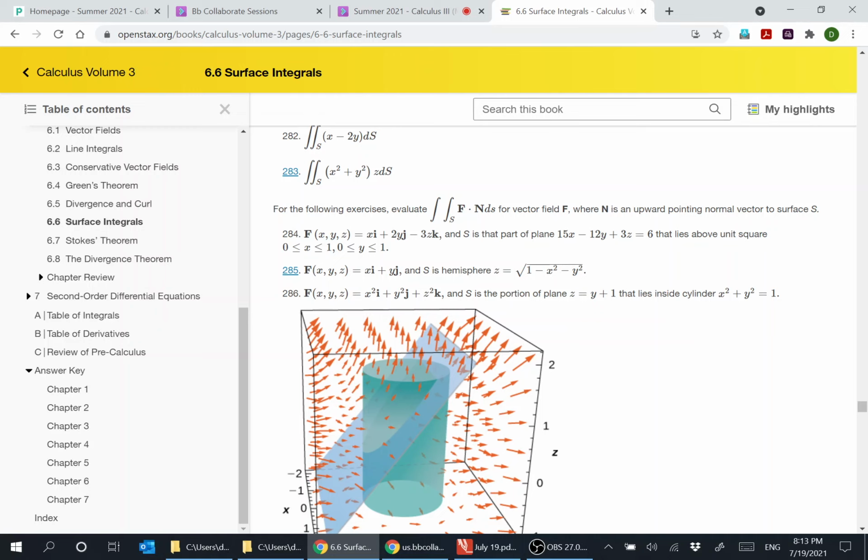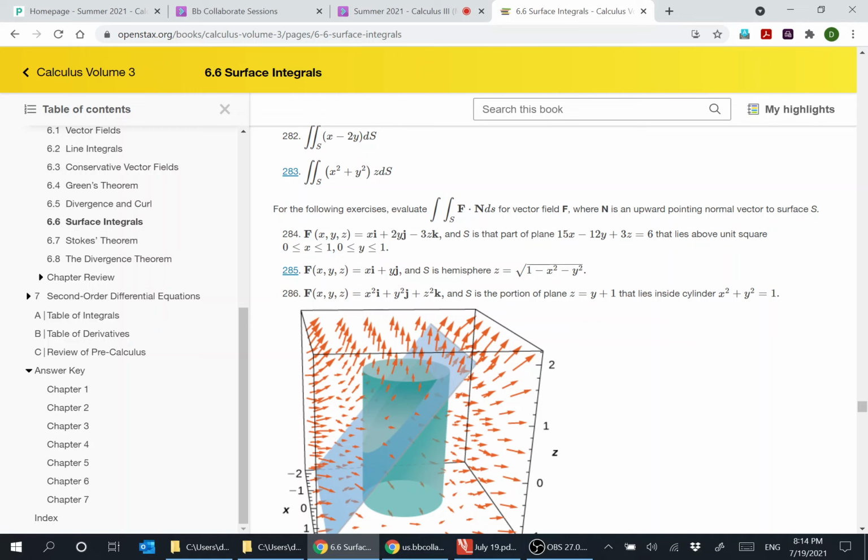There are several ways that the vector flux surface integral is denoted. There's this f dot n ds for vector field f, with n being the unit normal vector. So that's one notation, and that's what they're using here.